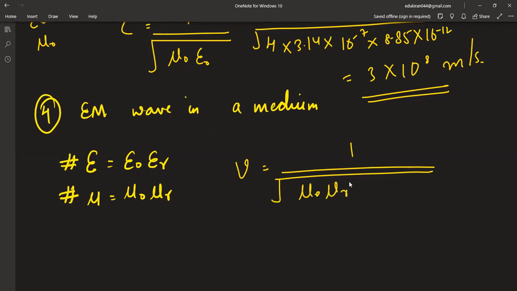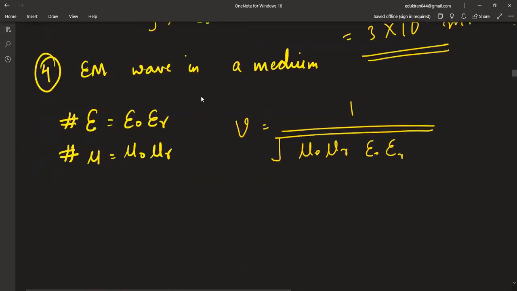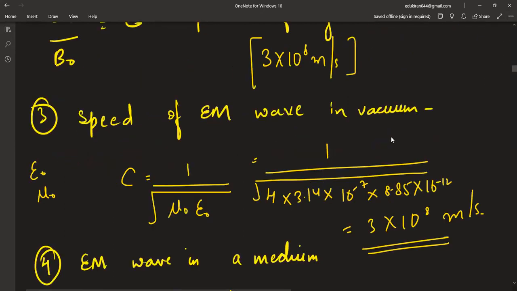Similarly for permittivity, it will not be only epsilon naught; we'll have epsilon naught epsilon r, the relative permittivity. This is for cases where you don't have vacuum as the medium. Air or free space is not included. For any other type of material, you will use this formula. This one is applicable just for vacuum.